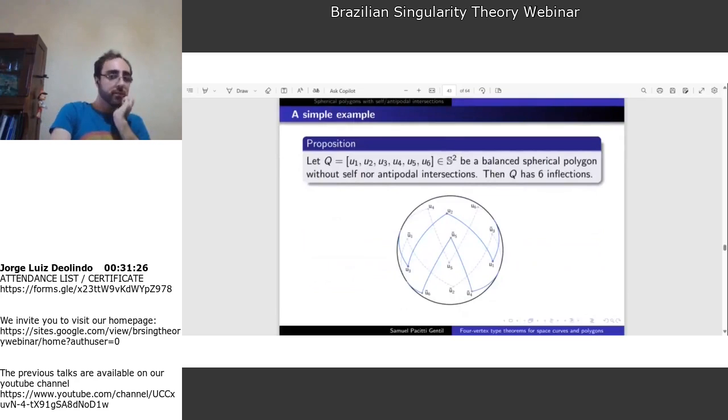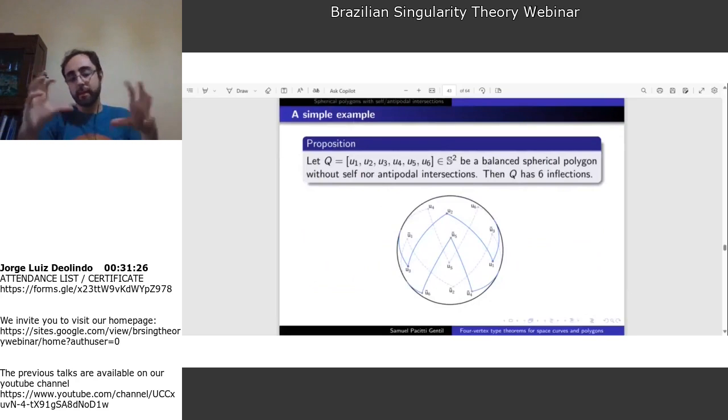Using these relations, we can prove the following proposition. That is the base case. It's a minor version of the theorem that we want to prove, which states that if you have a spherical polygon which is balanced, and it also does not have self nor antipodal intersections, then it must have at least 6 inflections.